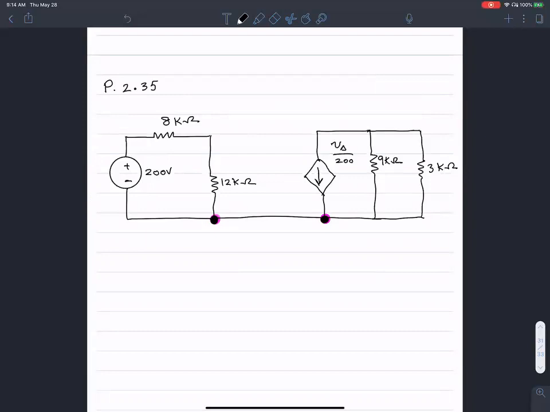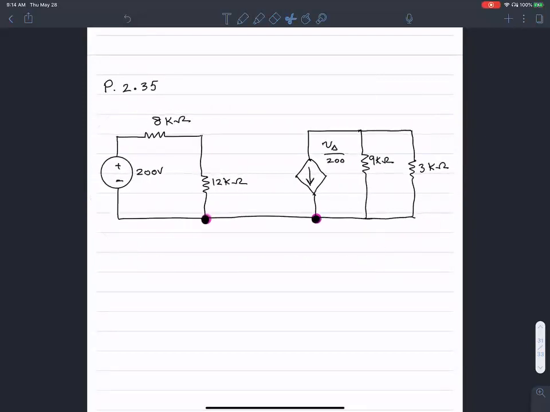It's different in more than one way. It's not a complete closed loop. So the current that is going in has no way to come out through this path.